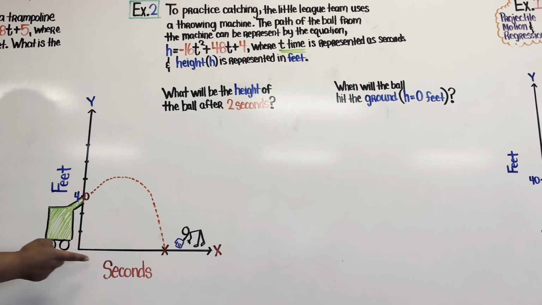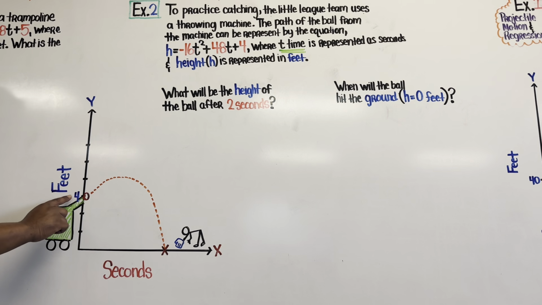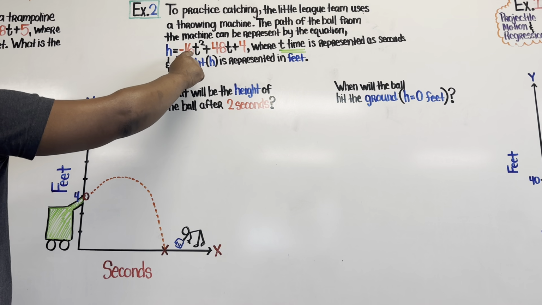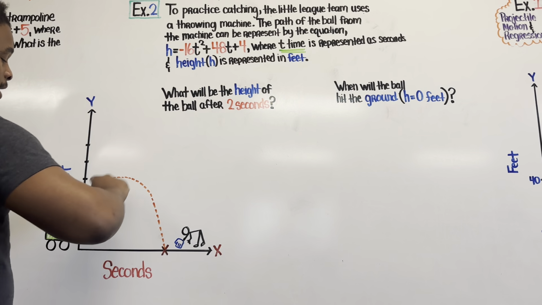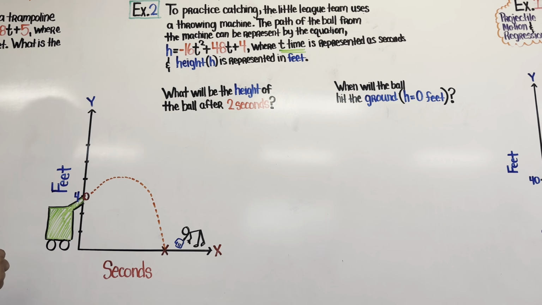In this illustration, this is the machine that throws the ball, and you can see that the starting point of the ball being projected out is at 4 feet. And this part of the equation, the negative 16t squared plus 48t, represents the projectile motion of the ball as it's being thrown.